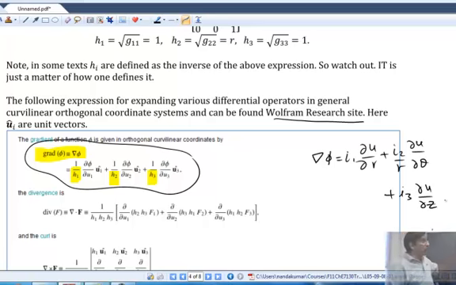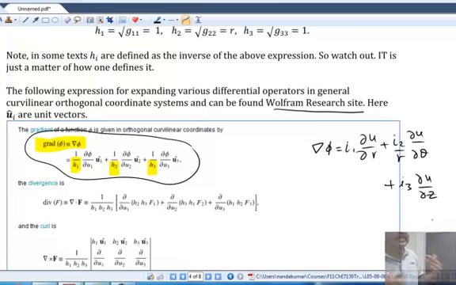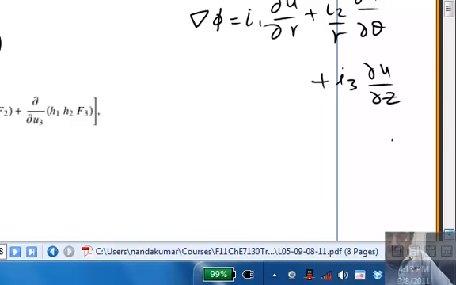The 1 over r term comes because h2, the second metric coefficient, is r. It should also be dimensionally consistent, because here you have du dr, and there is a 1 over r with du d theta. Theta is not a distance measure, it's an angle measure, right? That's why the 1 over r makes it consistent dimensionally. That's another way of validating it.